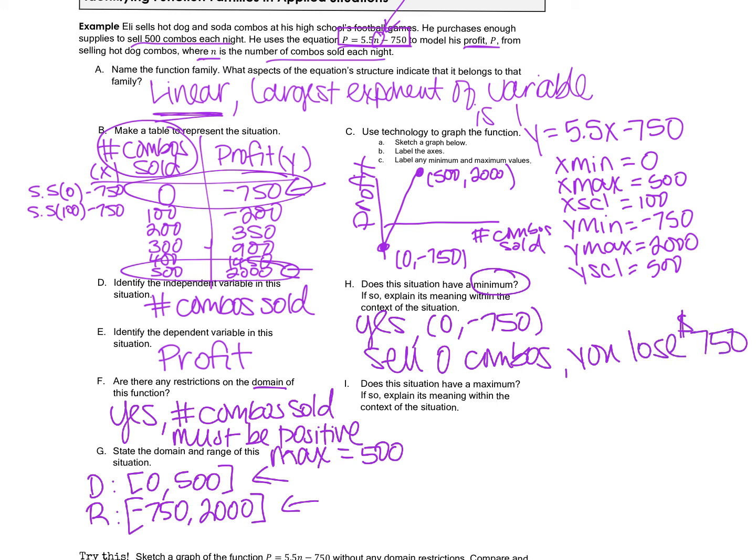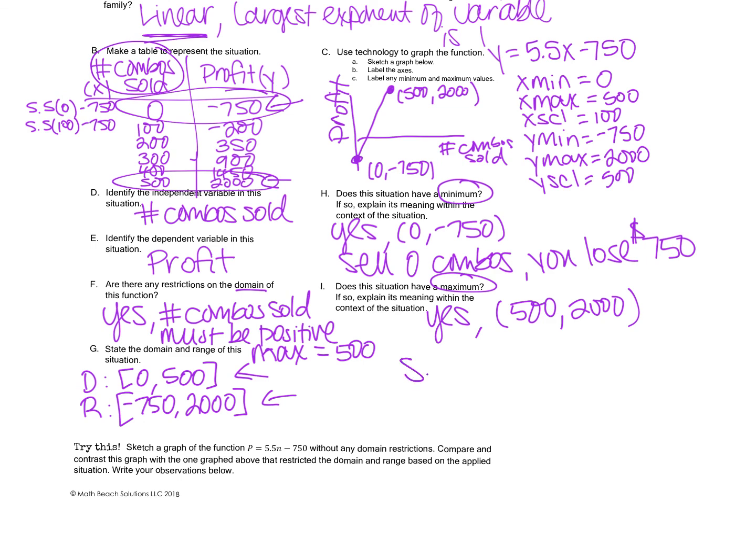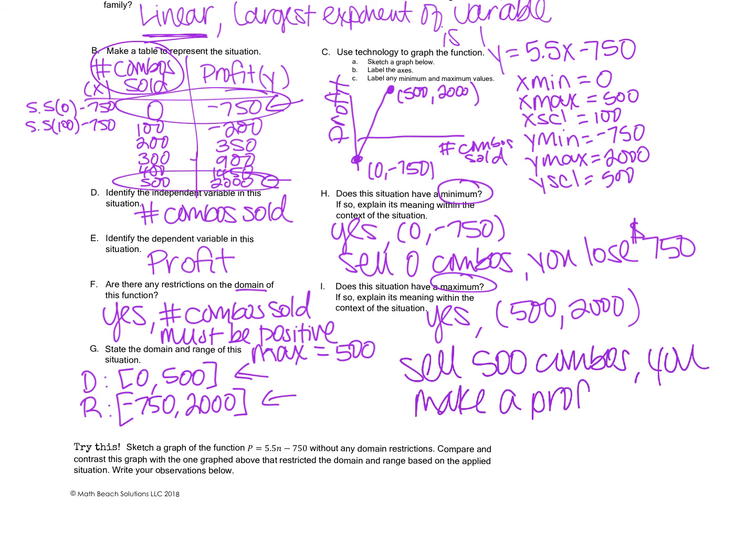That's what the negative means. Okay. I, does this situation have a maximum? Yes. That point was 500, 2,000. So what that means is if you sell 500 combos, you make a profit of 2,000, sorry.